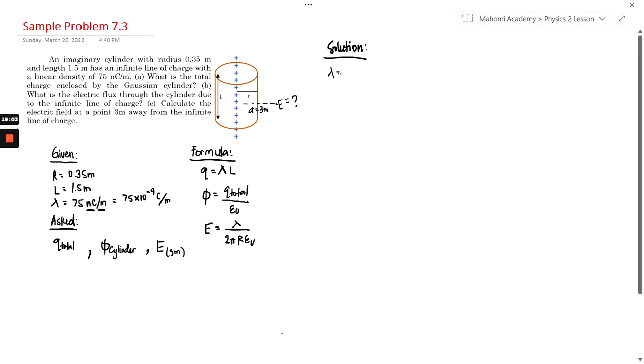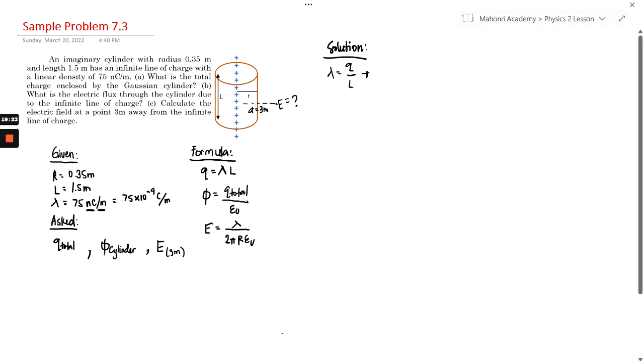You know that lambda is equal to Q divided by length. This tells you your charge density. So if you want to find how much Q you have at a certain length of your cylinder, just substitute this value right here and you would get this.